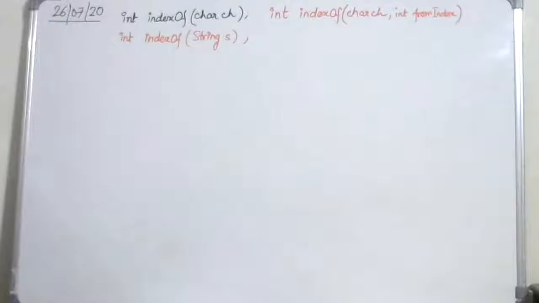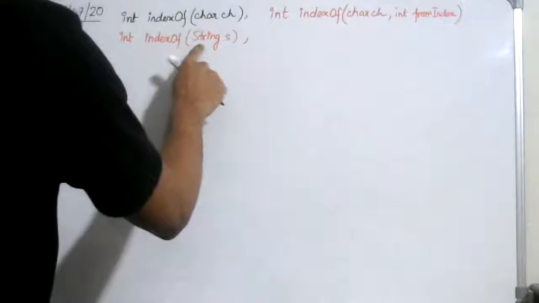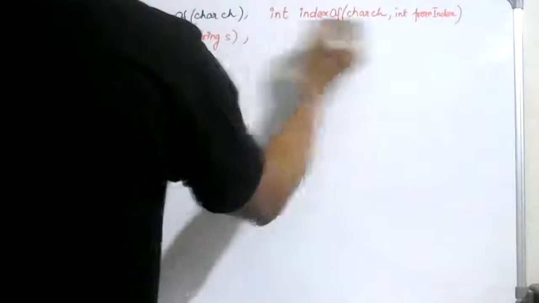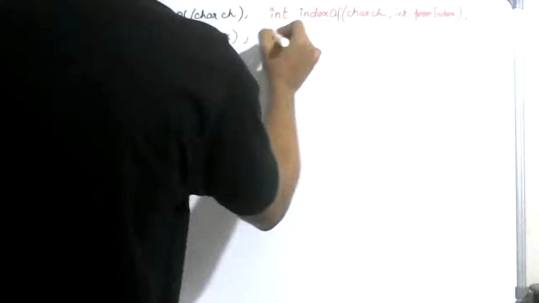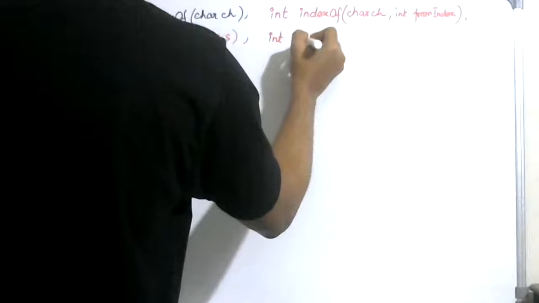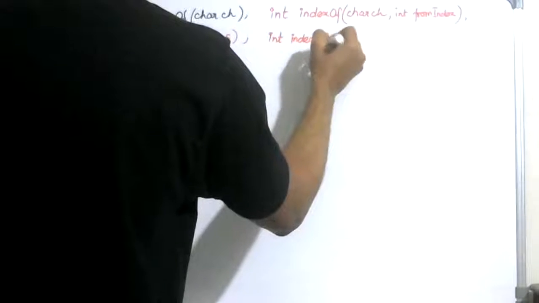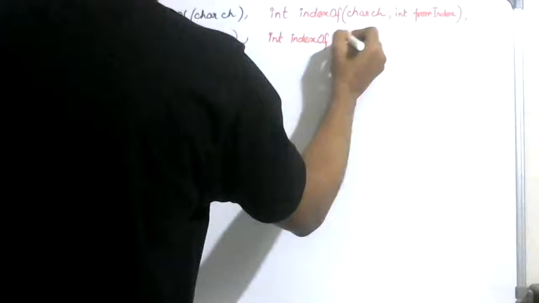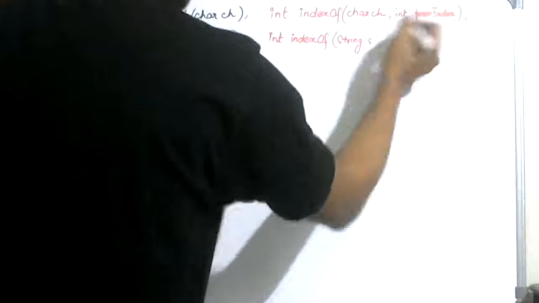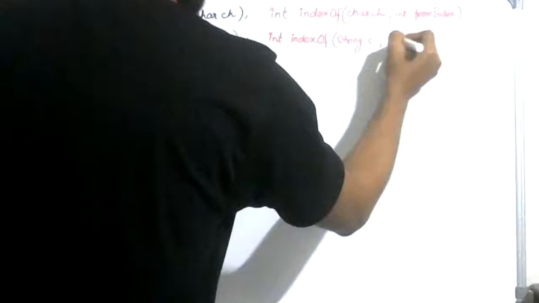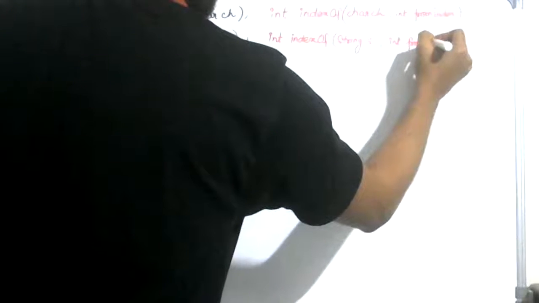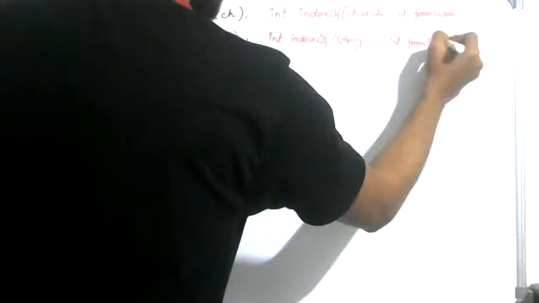Similarly, as you can see here, instead of character, I'm passing a string argument. So this also has a similar variation. So int indexOf, I can pass a string and also specify where I want to start searching from, or rather the starting index.